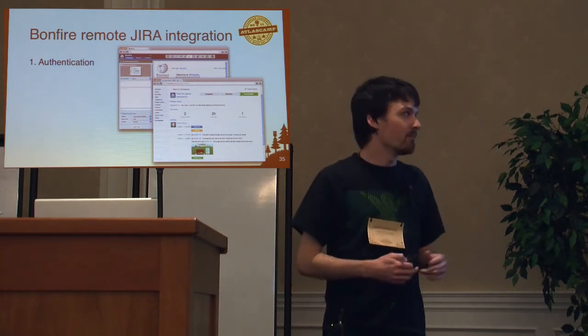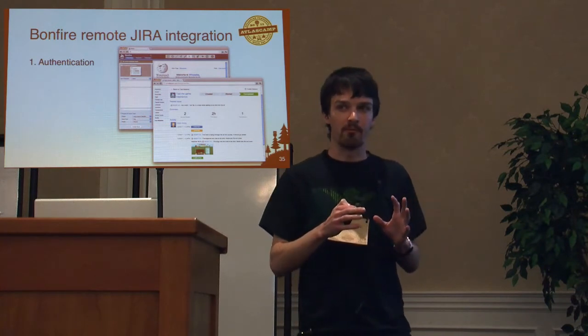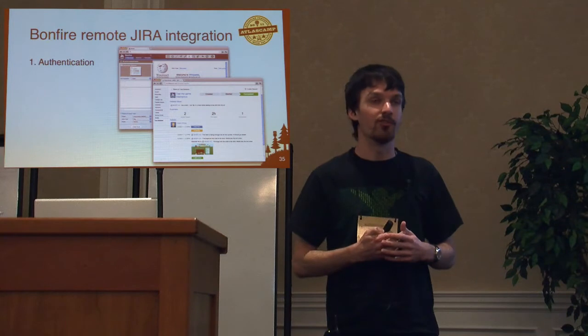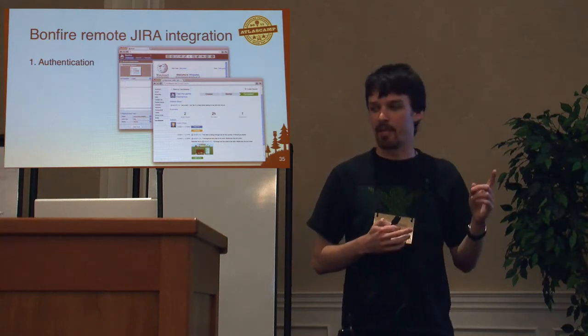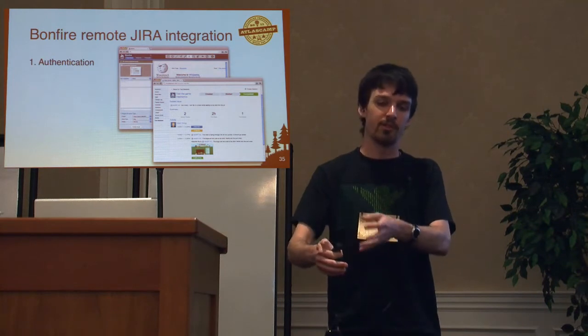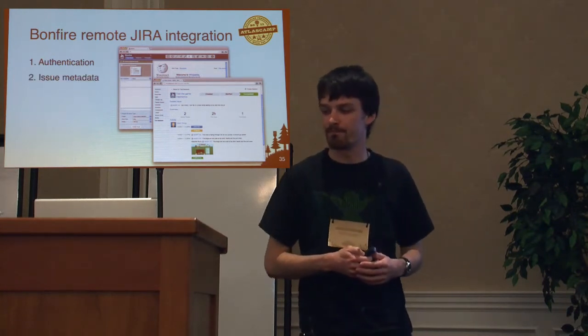So the three main steps that we had to go through to be able to create a client within JIRA, external to JIRA, which was able to create issues within JIRA. The first was to be able to authenticate with JIRA such that the user didn't have to first go to JIRA and log in before coming back out to be able to create their issues.